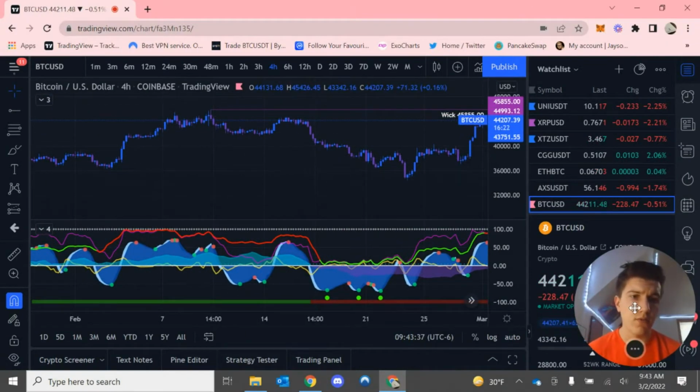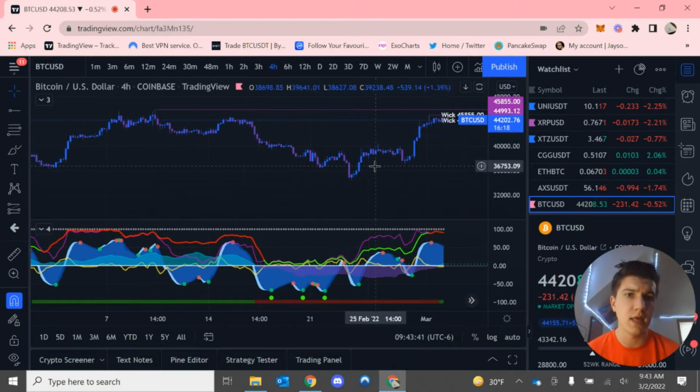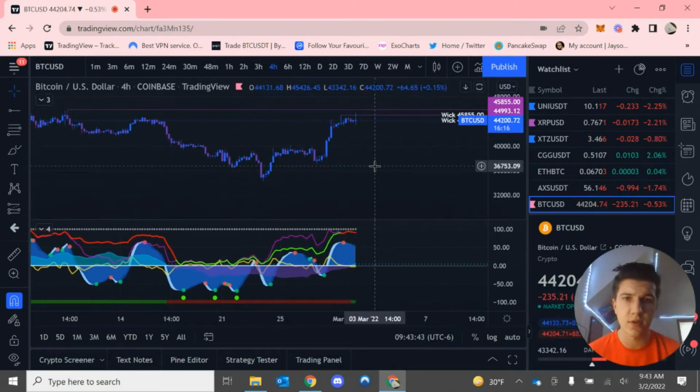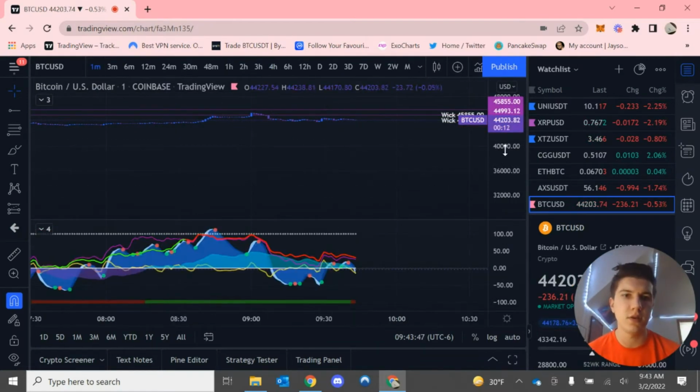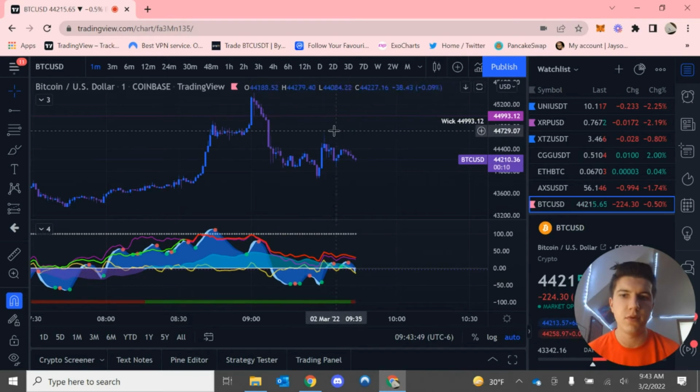Now I'm going to go over how to exactly trade these and know when price is going to reverse based off the liquidity. What I'm going to do is go down to the 1 minute time frame.